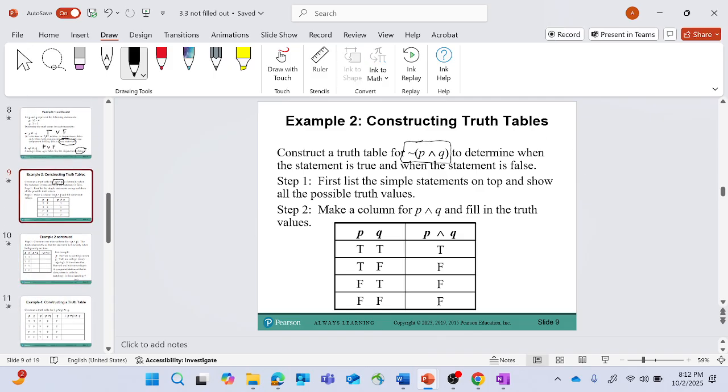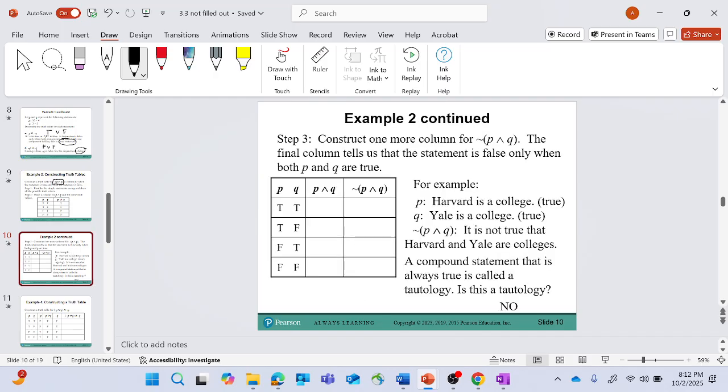But now I want to figure out how that helps me get the truth value of not P and Q. We don't have to worry about this right now, but if P and Q, we did the statement right here, we can fill this back out. That's true, false, false, and false. What I want to know now is, if P and Q is true, how about this not version?